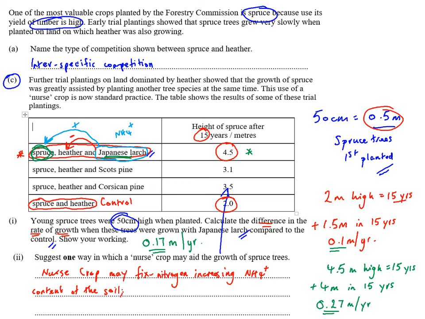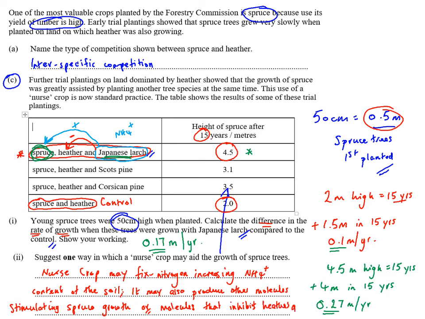We could also say it may also produce other molecules stimulating spruce growth, or molecules that inhibit heather growth. And that'll get us 2 marks.